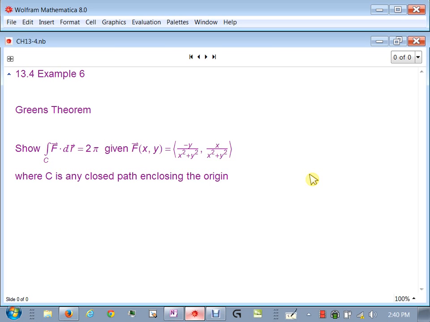Show that this line integral, or the work done by this vector field over this curve, is 2 pi, given this, where C is any closed path containing the origin. This is a look at our C. That's a pretty crazy concept here, but this is a nice result of what we just saw.